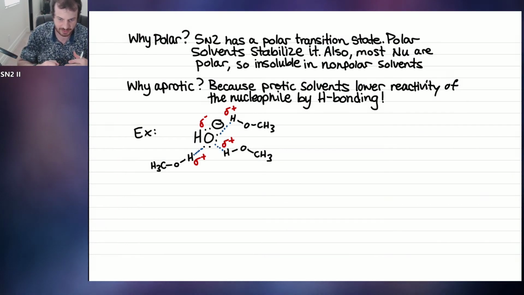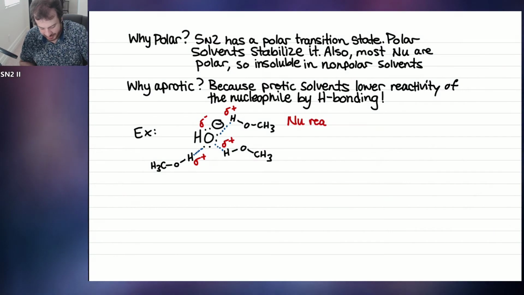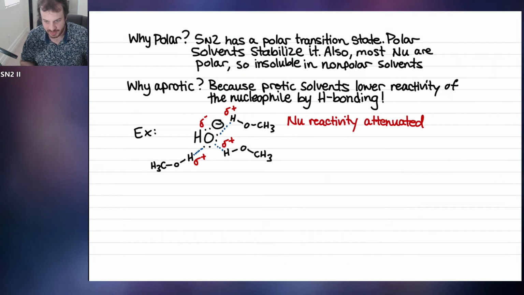It's being held down like a bunch of little spider webs grabbing onto it. So that's bad. It's going to slow down the reaction. So this picture is showing the nucleophile reactivity attenuated. Attenuated means reduced by protic solvent.